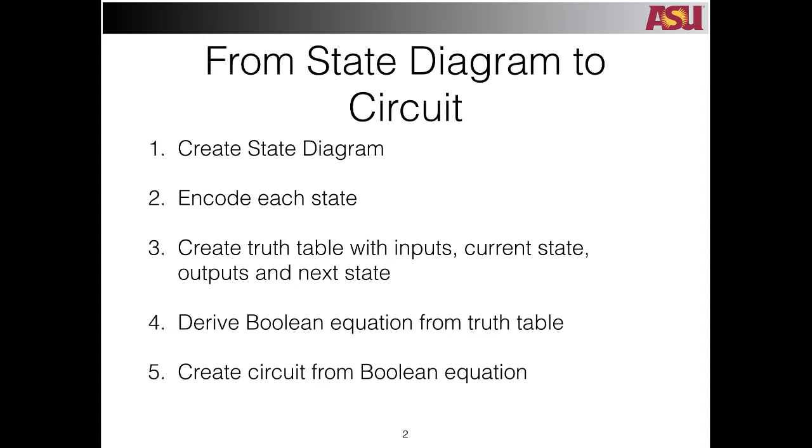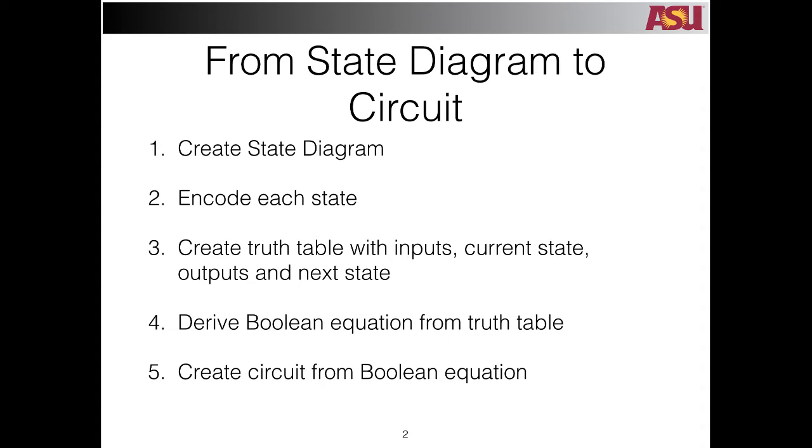So for 4 inputs, you need 2 bits to describe them. In our case, if you have 4 states, you need 2 bits to encode each one of them. So basically, the number of combinations you can do with the number of bits is the maximum number of states that this finite state machine can have.